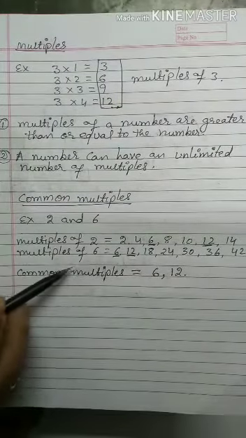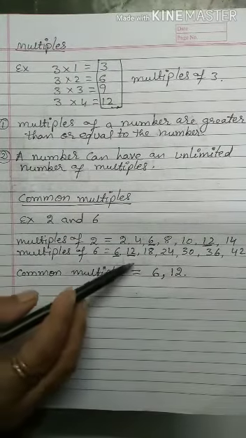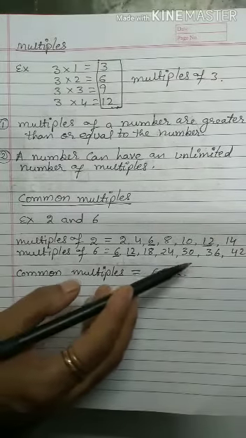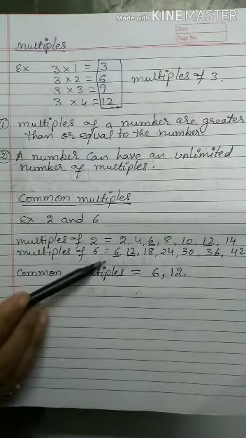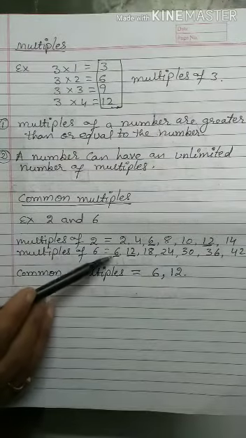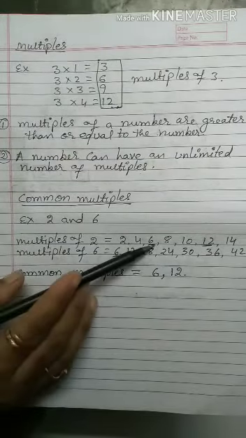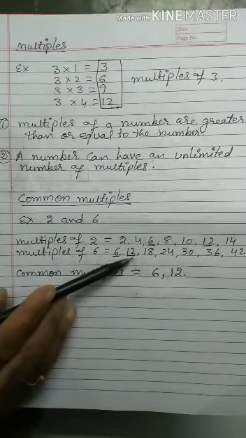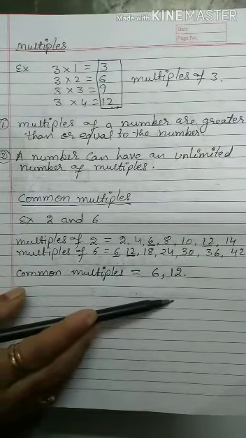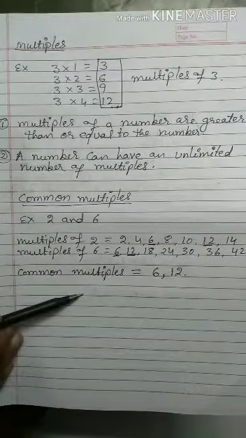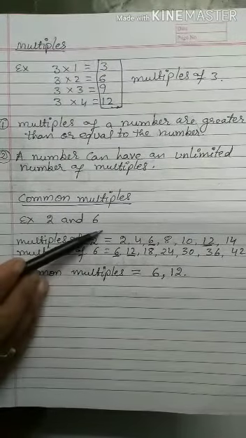And the multiples of 6: 6, 12, 18, 24, 30, 36, 42. Now we can find the common multiples. See, look here, 6 is a common multiple. Then 12 also. 6 and 12 are common multiples of 2 and 6.